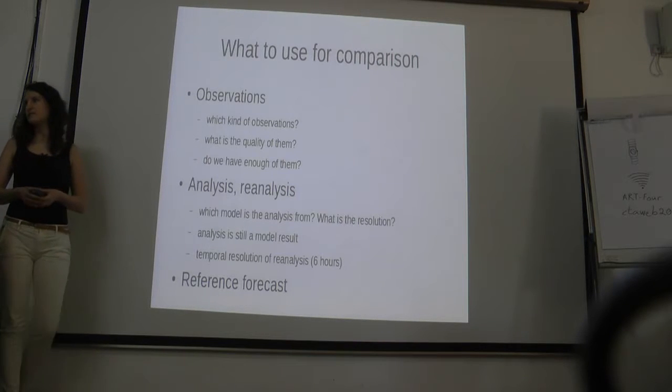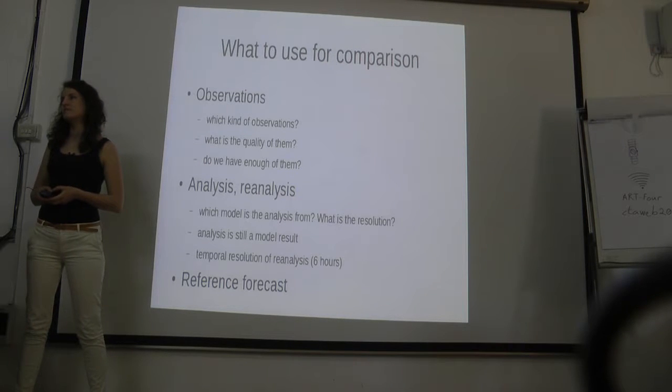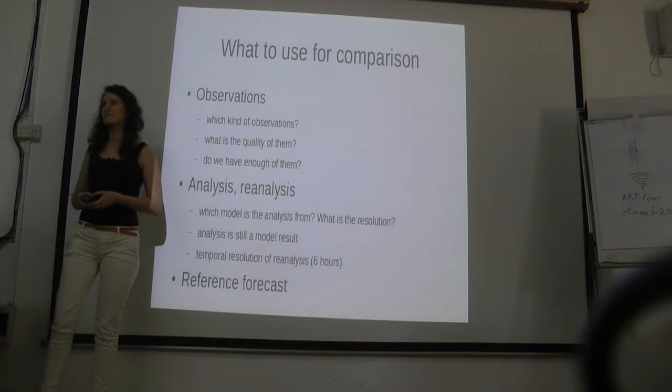So basically you have the same forecast, but for one customer the forecast was very bad, but for another customer it was very good. So the quality of the forecast can also depend on the usage of the forecast.